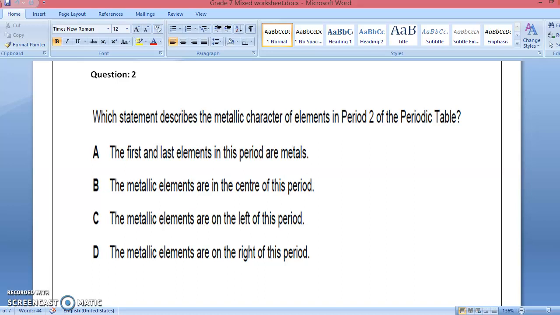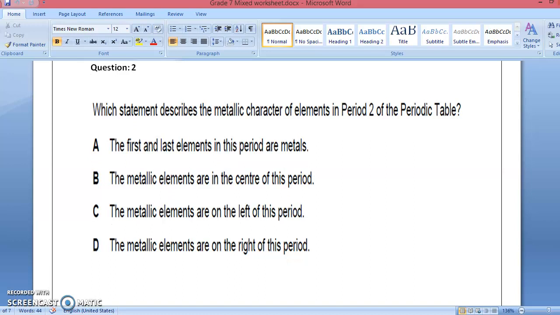And always, if you go back to what I've told you in the periodic table, on the left hand side always are the metals, and on the right hand side it is the non-metals. So, which one is that? The first and last elements in this period are metals, or the metallic elements are in the center of the period, or the metallic elements are on the left of this period, or the metallic elements are on the right of this period. The metallic elements are always on the left of any period.